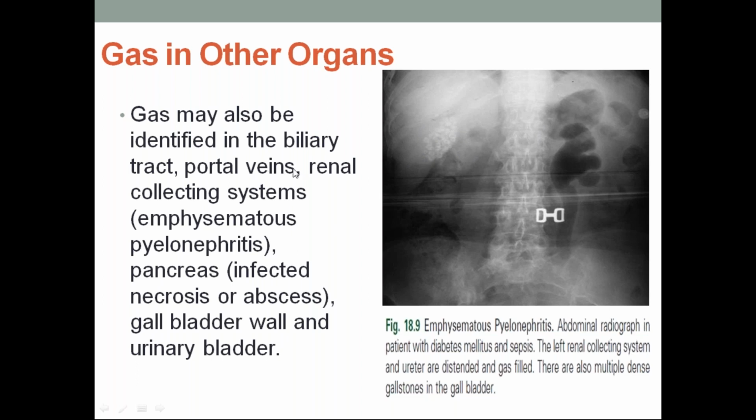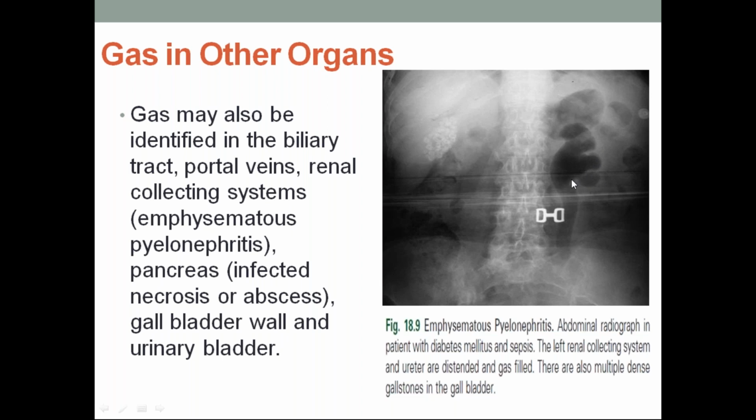And after that, in the portal veins, and here also the portal veins are there, and some in the renal collecting system. In the renal collecting system, we are seeing gas. It is a case of emphysematous pyelonephritis, a kidney infection, and this is completely free air in the calyces.